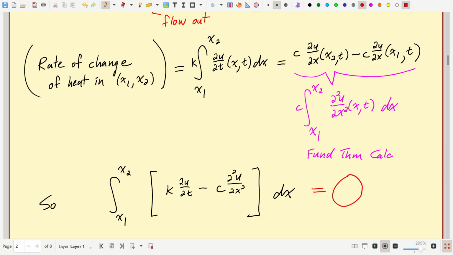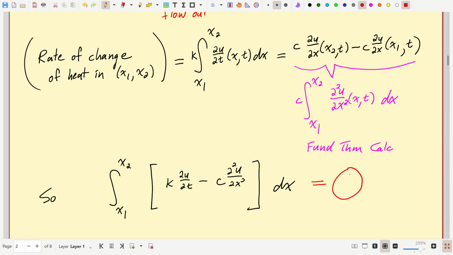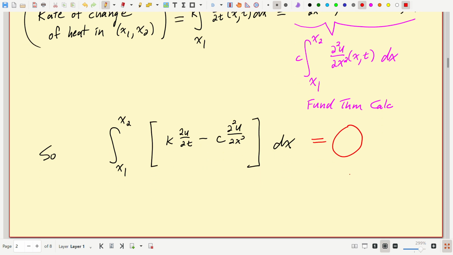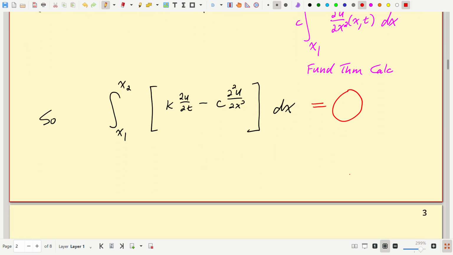Okay, and that's why I call this thing a control volume. x1 and x2 could be anything. So the aha: x1 and x2 can be anything.